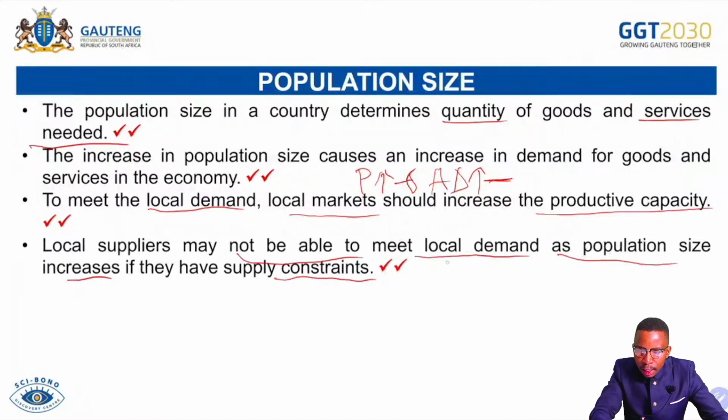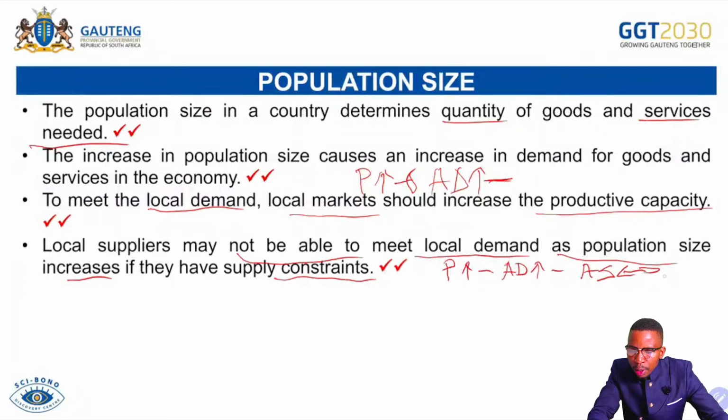So we say the population size is increasing, and then there's more demand for goods and services, and then there must be more supply. Should aggregate supply remain constant because of supply constraints, then the level of imports will be increasing. We have import tendency. So imports will be increasing by domestic consumers so that they can satisfy their needs and wants.